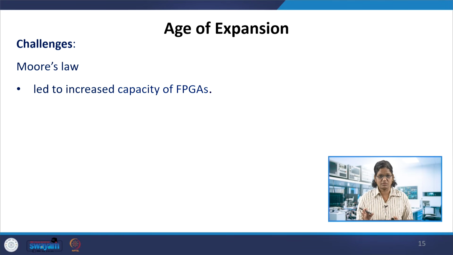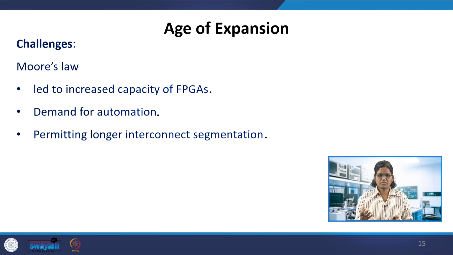Coming to the expansion age, the challenges were these: Moore's law led to increased capacity of FPGAs, that is, larger FPGAs, and it demanded automation. The design of automation tools was essential in this part, and the full life of FPGAs depended on these automation design tools.